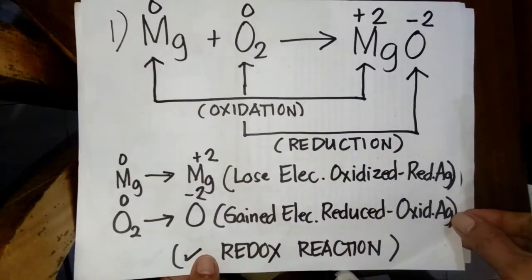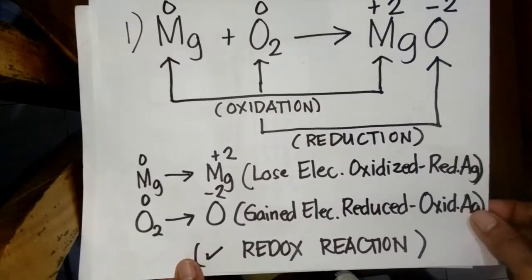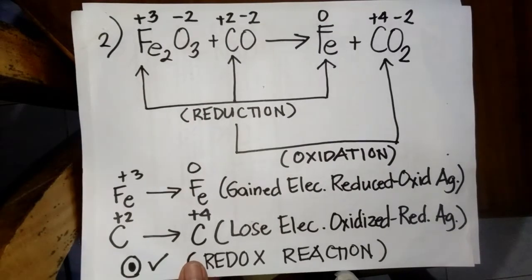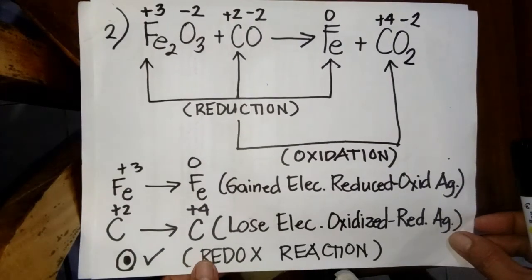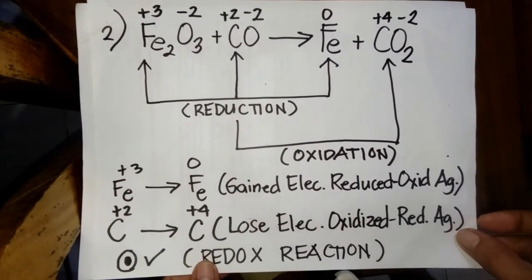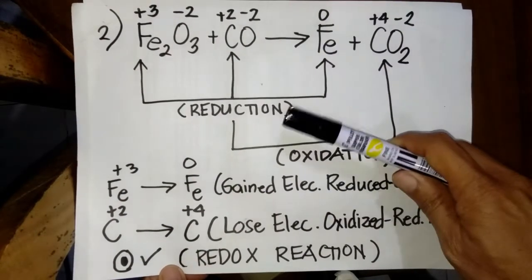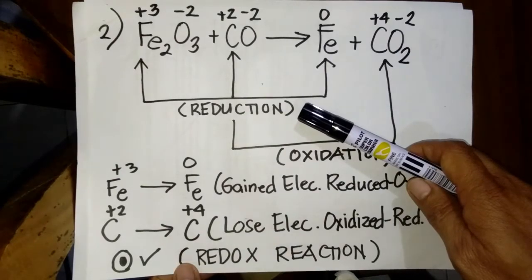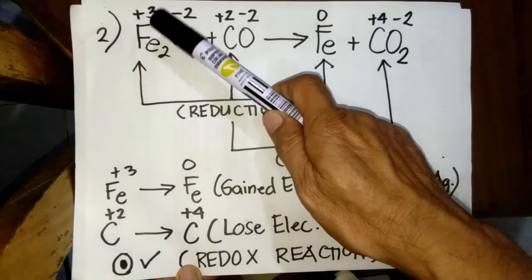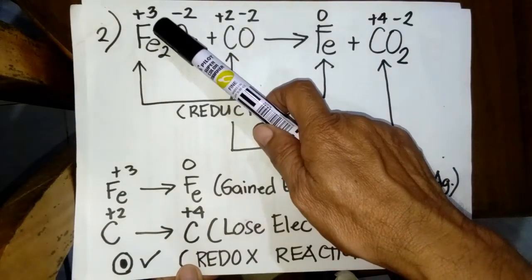Another example in determining whether the reaction is redox or not, Fe2O3 plus CO will yield Fe plus CO2. So we can say here that this is also a redox reaction. Why? Because there are changes in oxidation number. Remember, if there are changes in oxidation number, it is a redox reaction.